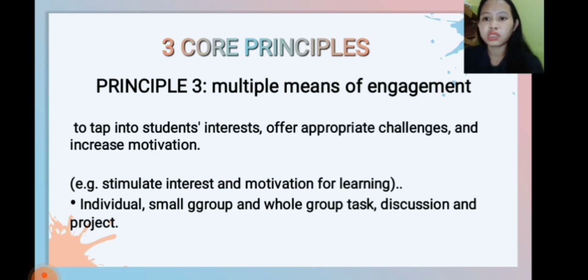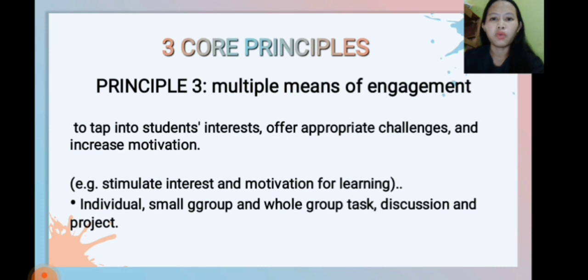For the last principle, it includes multiple means of engagement. So it is to tap into student interests, offer appropriate challenge and increase motivation.